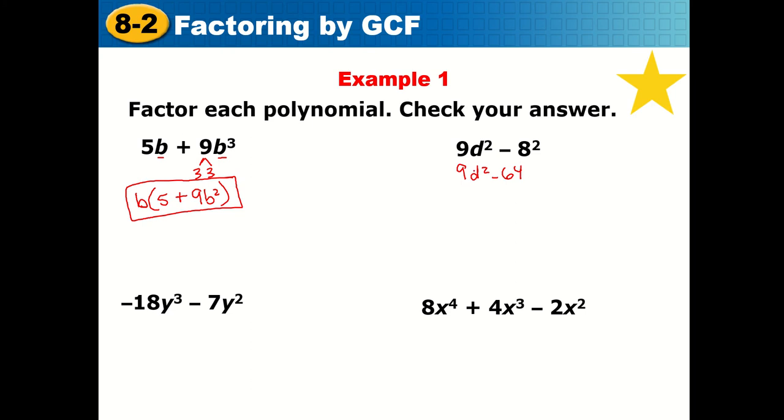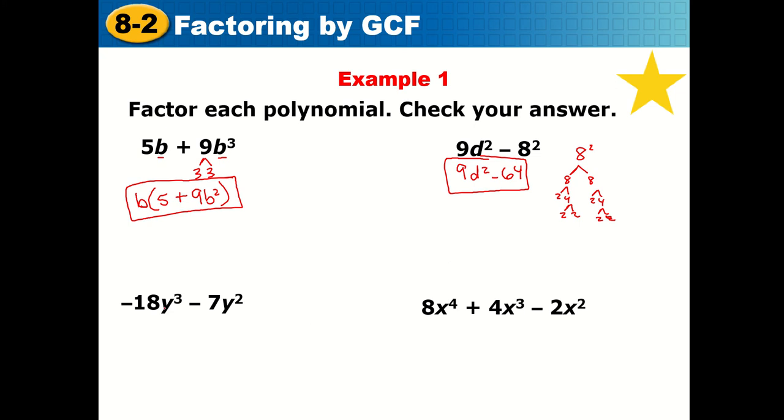I guess you could do 8 squared really as 8 times 8, and then break it up into 2 and 4, 2 and 4, 2, 2, 2, 2. So you see right away that there's no factor of 3. So this actually is just the answer then. You cannot factor that down any more than that.